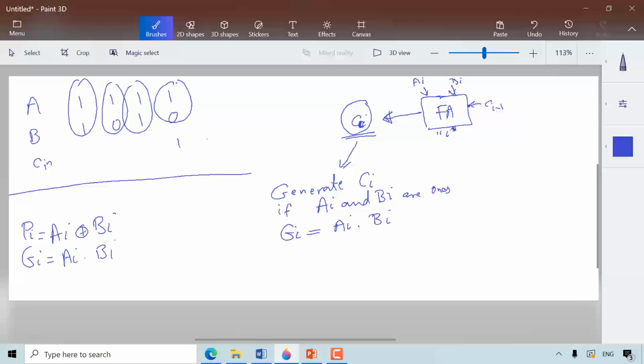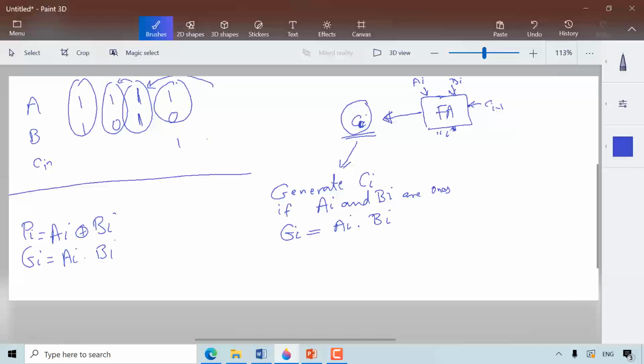Which makes sense. Look at this position here. Because I have two ones here, definitely I'm going to have a carry going to the next stage.